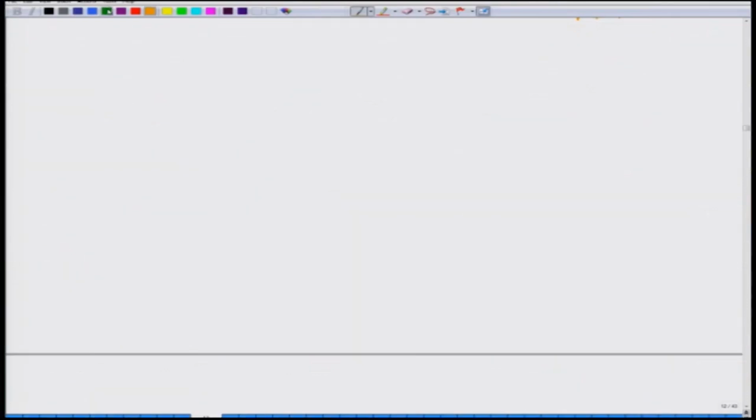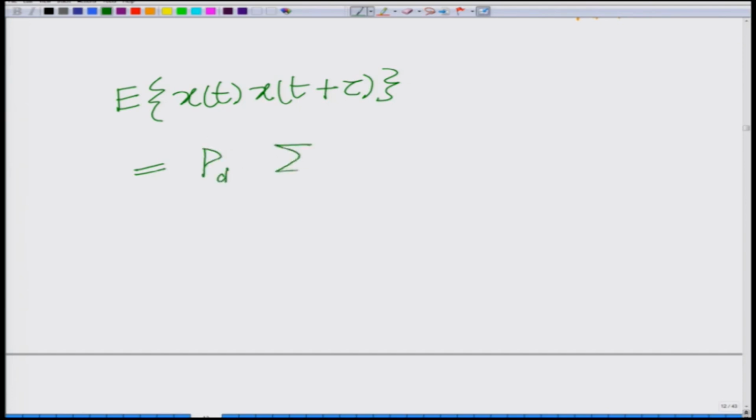Okay. So, now again let us go back to our expected value of x t into x t plus tau. This is going to be, well, the same thing. Let us start with Pd summation k equal to minus infinity to infinity P t t minus k t.